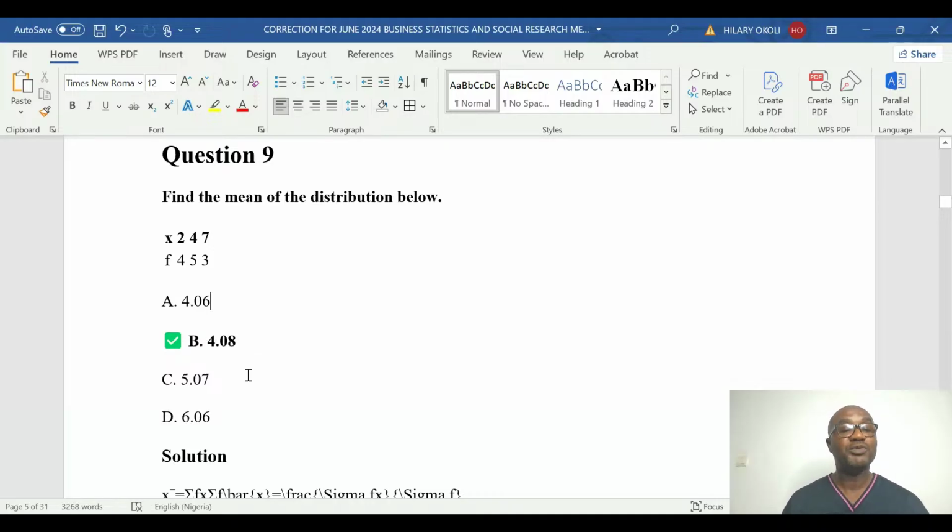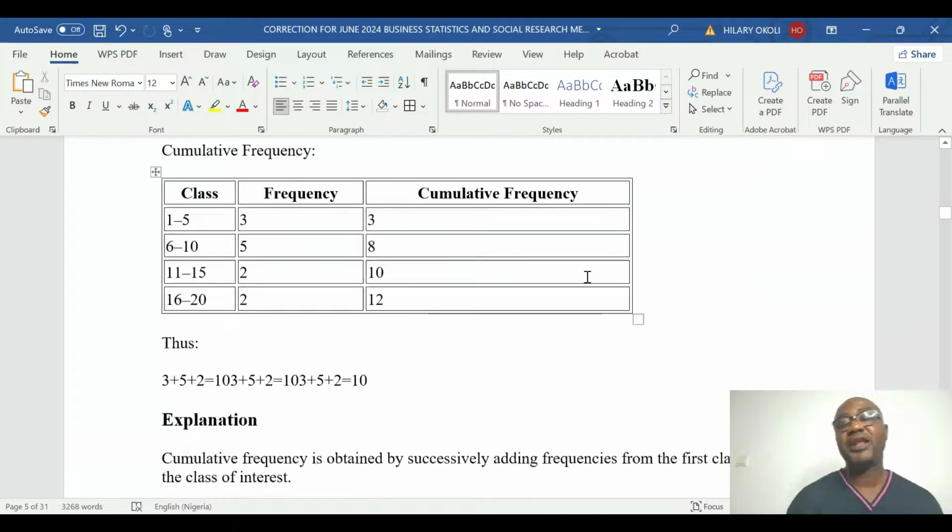And if you look at all of them, they are in decimals: 4.06, 4.08, 4.07. So there's no approximation here. We'll go for the exact answer, which is 4.08. That's what happened there.